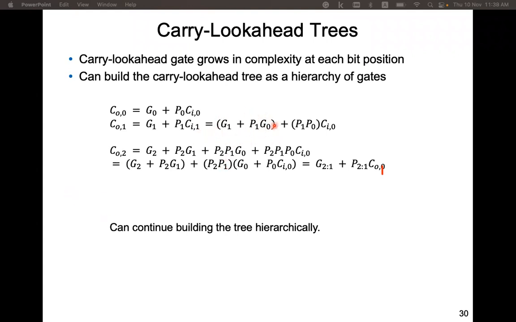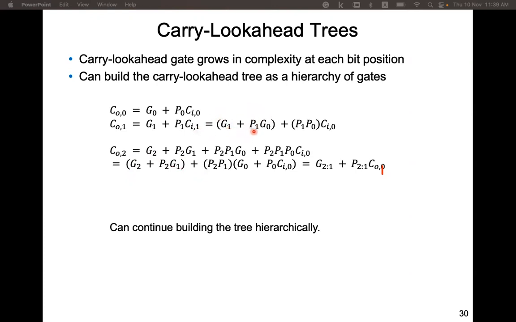This group generate and this group generate have the same format: present bit generate plus the product of present propagate and previous generate input. Same format.